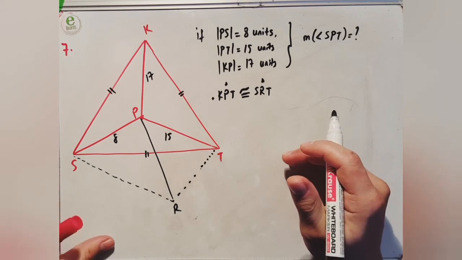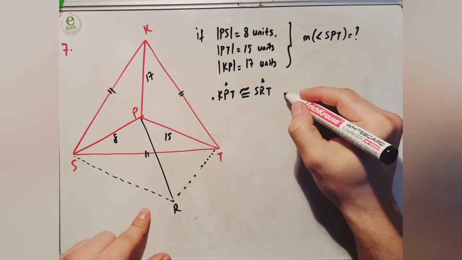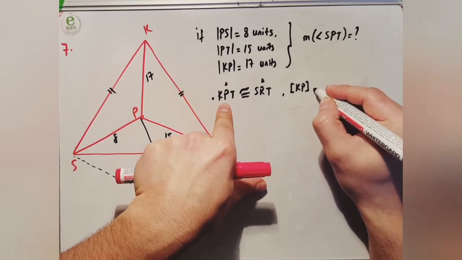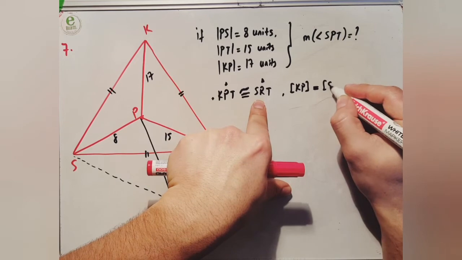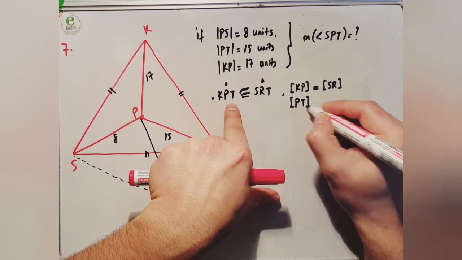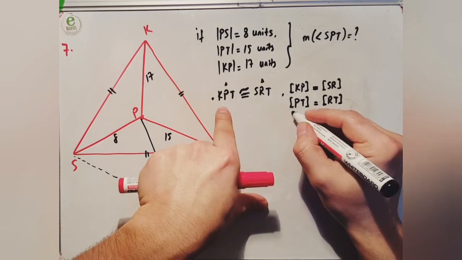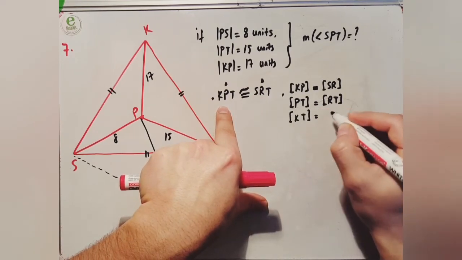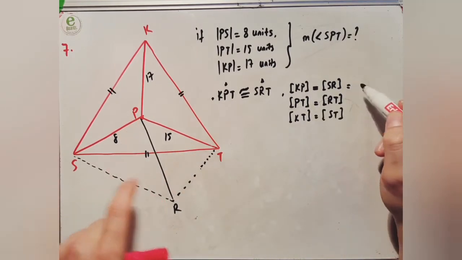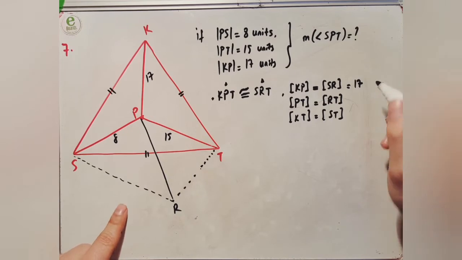Since corresponding sides of congruent triangles are congruent, we say KP is equal to SR, PT is equal to RT, and KT is equal to ST. Okay, so KP is 17, so SR is also 17 units.